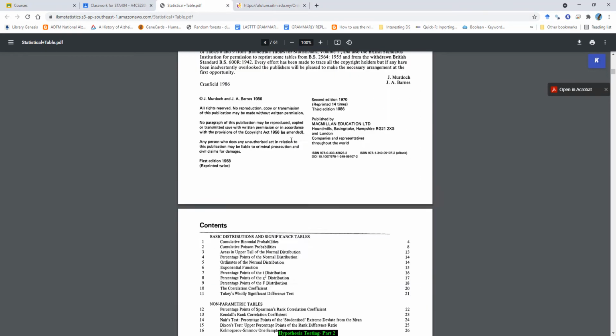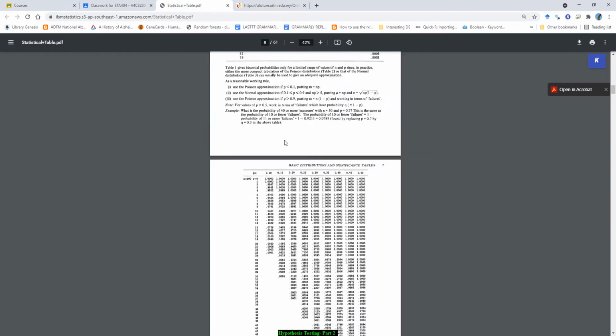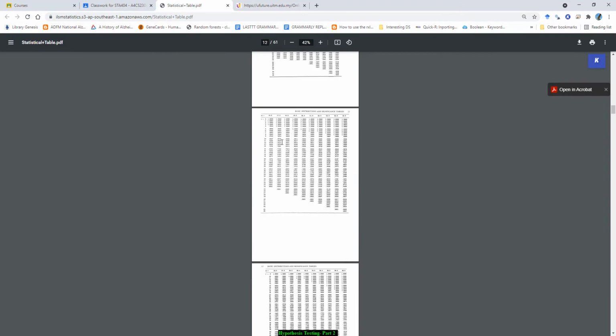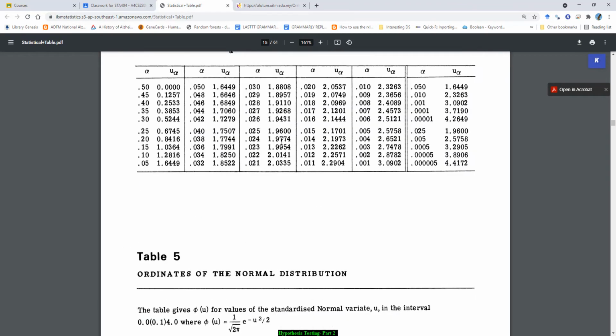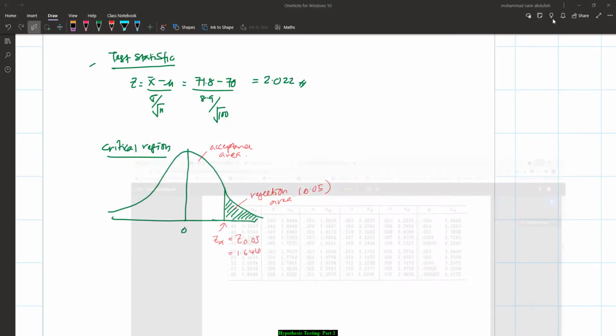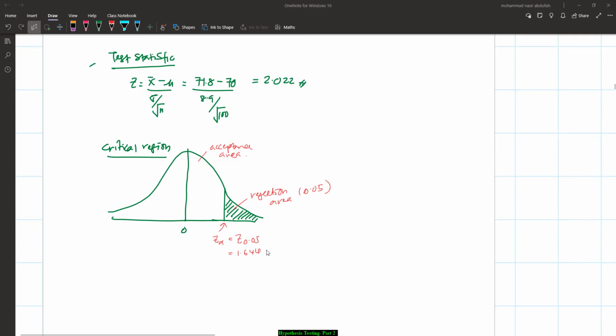Table number 4, is it? Yep. Table number 4, alpha 0.05 is 1.6449. Right?